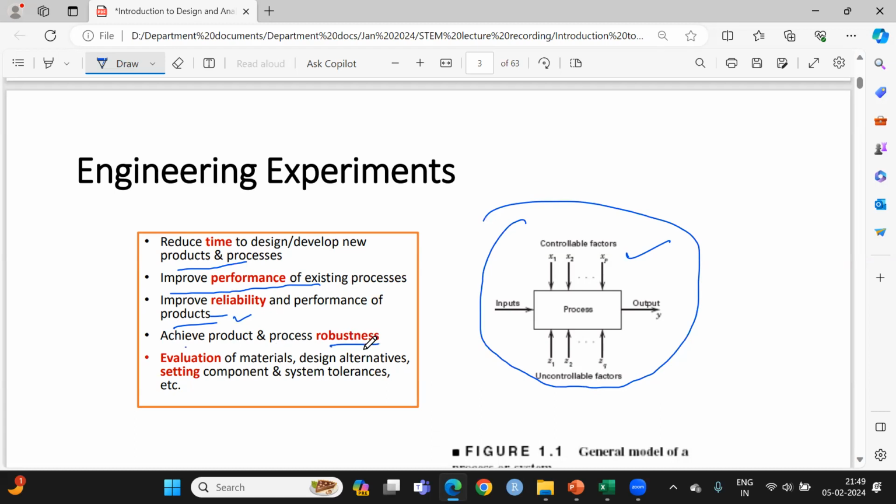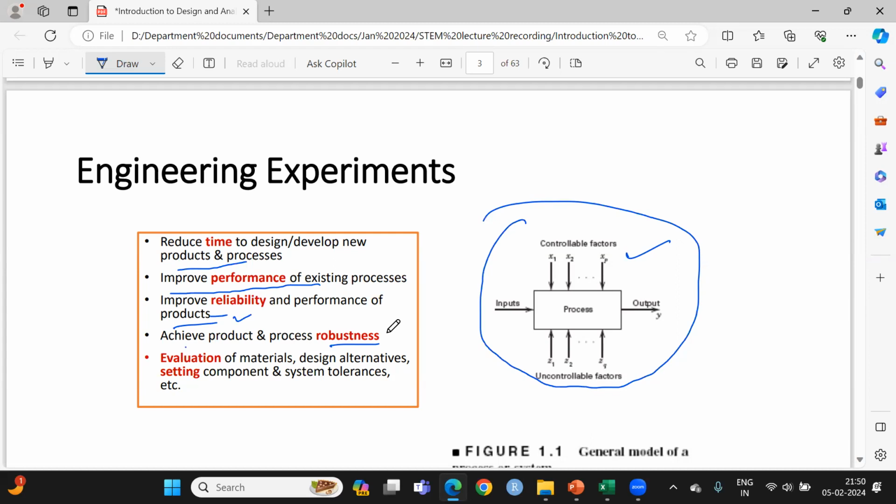Why is this important? For example, if you are using an automobile, the purpose of buying an automobile is that we want to travel, to go from place A to place B. That is a very convenient thing that helps you to travel easily.